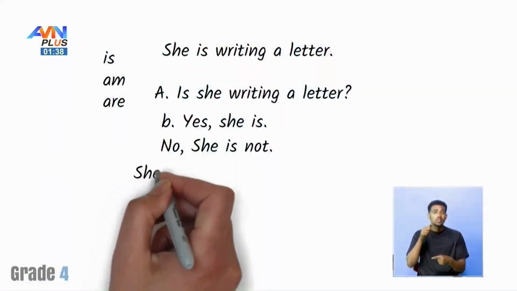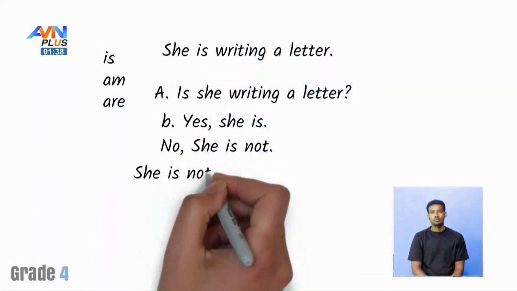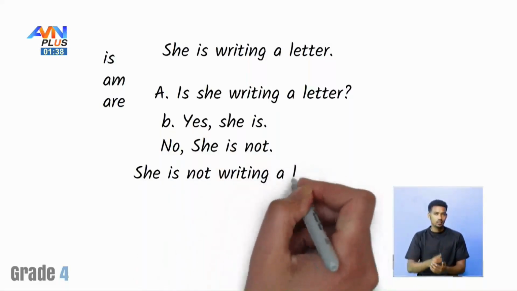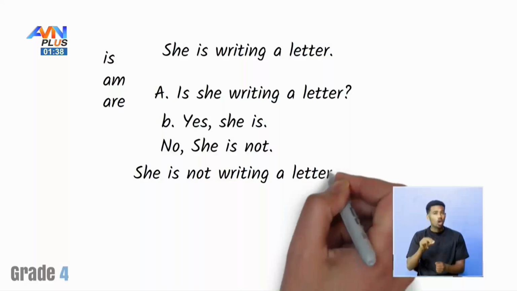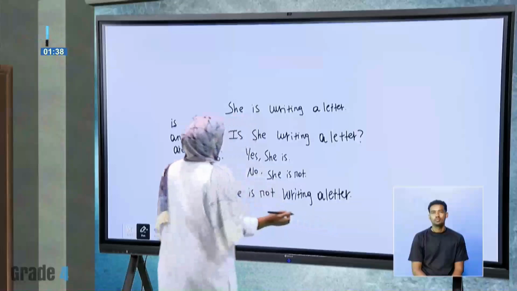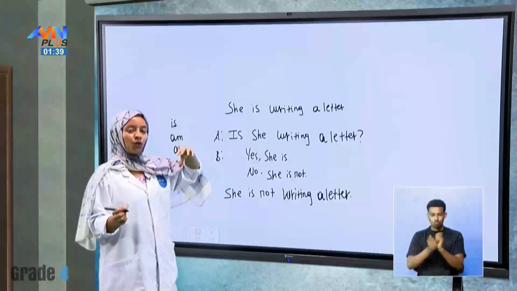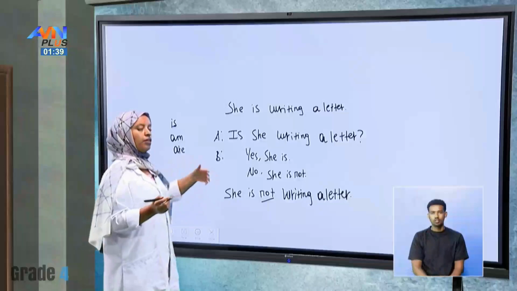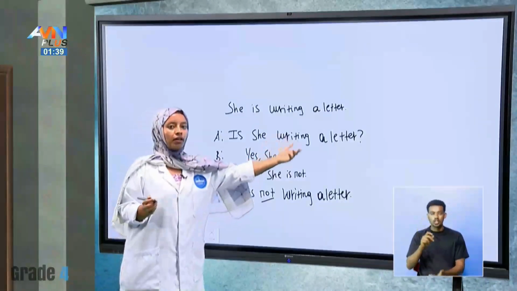She is, and next, not. She is not, what? Writing. She is not writing a letter. So to make negative, easily add what? Not. She is not writing a letter.